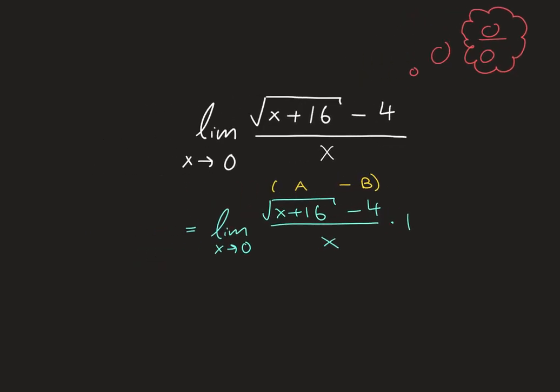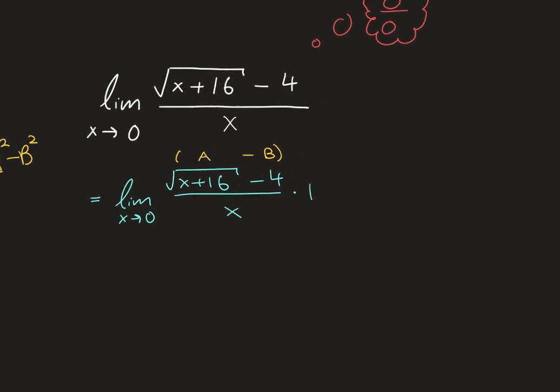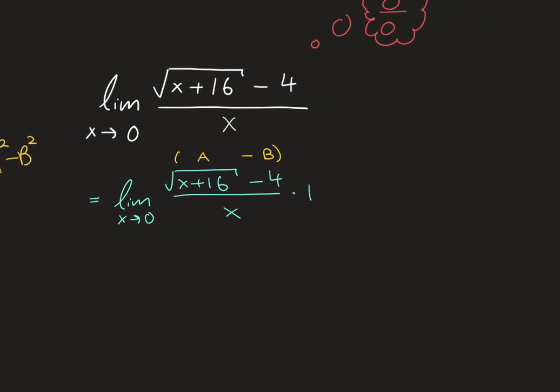And I know an a minus b has a best friend such that when you multiply a minus b by this best friend, I get a squared minus b squared. It's called the difference of squares. And notice that a here, which has a square root, would get unsquare rooted if I can choose the right thing.